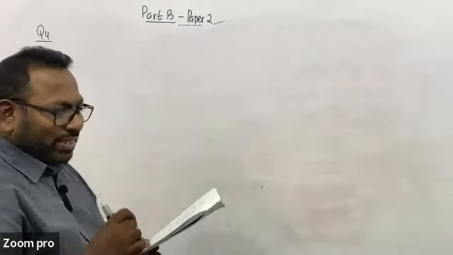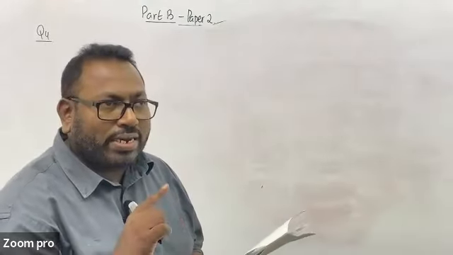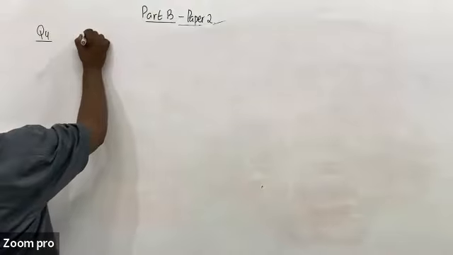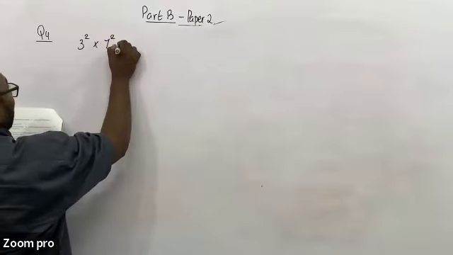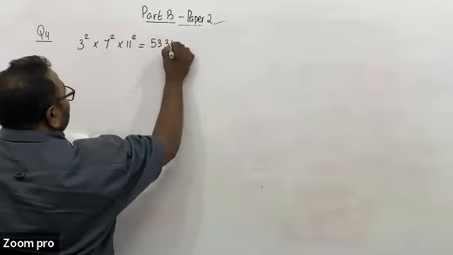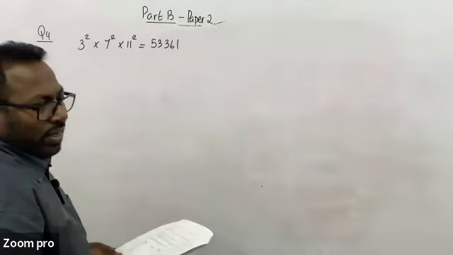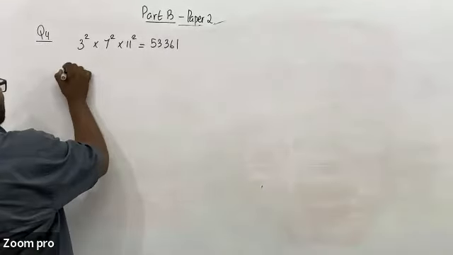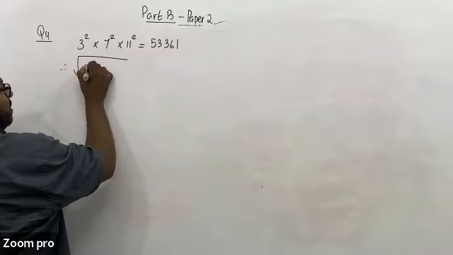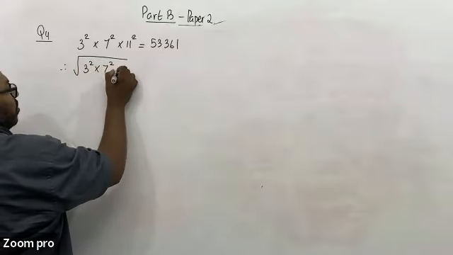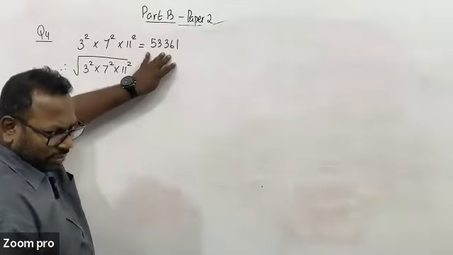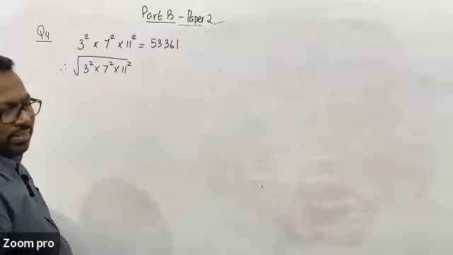So if you actually look at this, what are they saying? 3 squared multiplied by 7 squared into 11 squared is equal to 53,361. So in other words, the square root of 53,361 can be written like this: 3 squared into 7 squared into 11 squared. You're just taking this 53,361 and writing it like this.